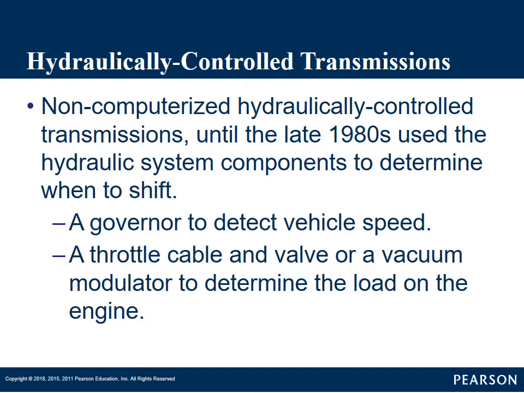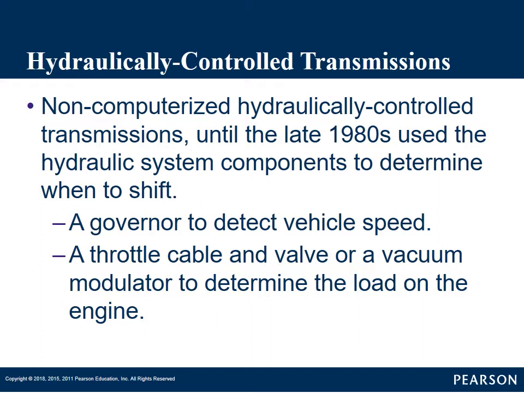They need to know how fast the vehicle is going, so they need to be able to determine vehicle speed, and they need to know the load that the engine is under. And when we're talking hydraulically controlled transmissions, we used a governor to detect vehicle speed and a throttle cable and valve or a vacuum modulator to determine the engine load.